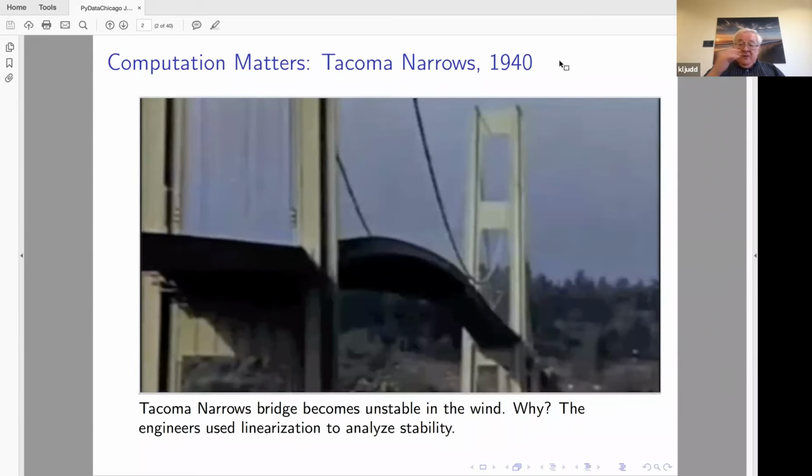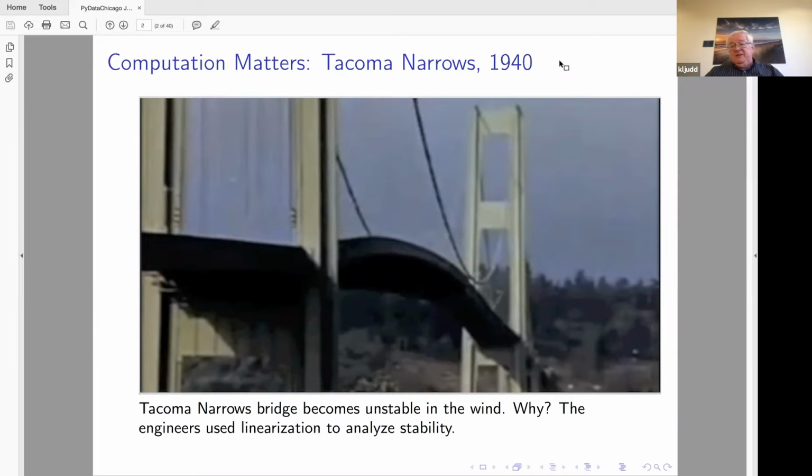Now, the good news is these engineers spoke with the experts in fluid dynamics, structural mechanics, et cetera, and figured out how to do a better job. And we didn't see this again.